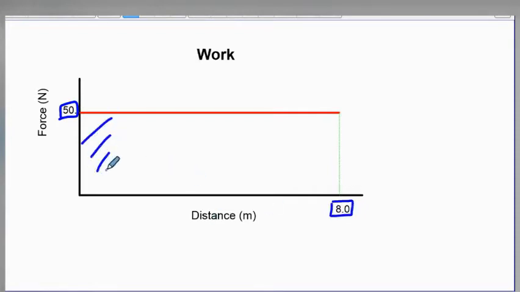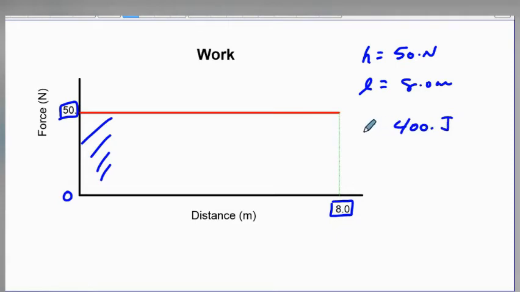The area between the curve and the zero will solve the problem of the work. So here we have a height of 50 newtons and a length of 8 meters. So 50 times 8 being 400 joules. So using the area equals the work. Well, that doesn't seem like much of a help.